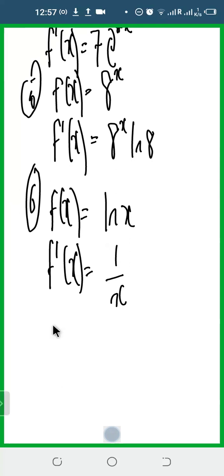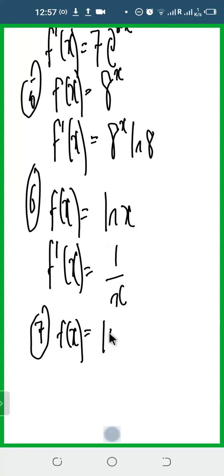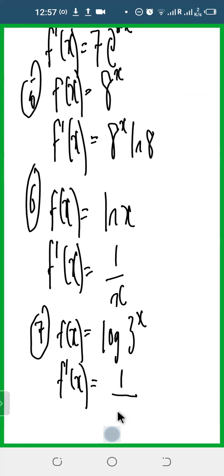Number 7, we have f(x) equal to log of 3 to the power x. Our f prime x will be equal to 1 all over x and then natural log of 3.